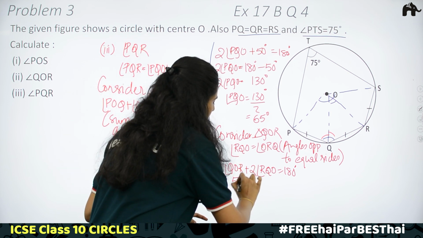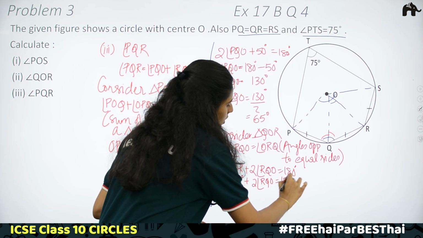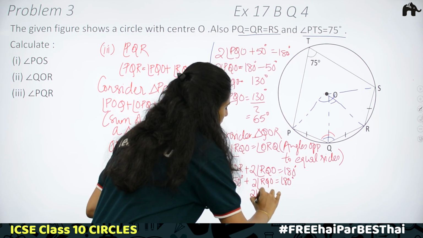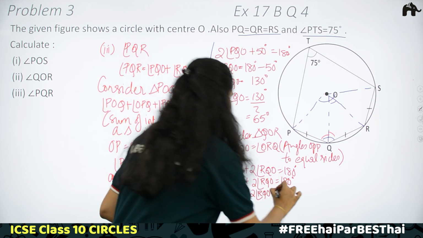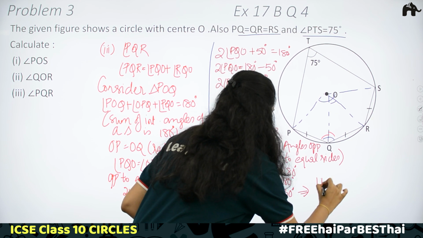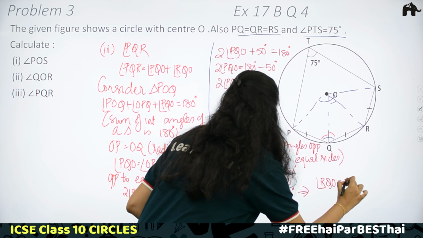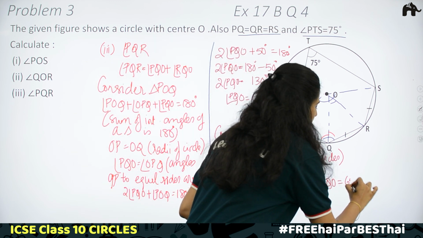QOR is 50 degrees plus 2 times angle RQO is equal to 180 degrees. 2 times RQO is equal to 180 degrees minus 50 degrees, that is 130 degrees, which implies angle RQO is equal to 130 divided by 2, that is 65 degrees.